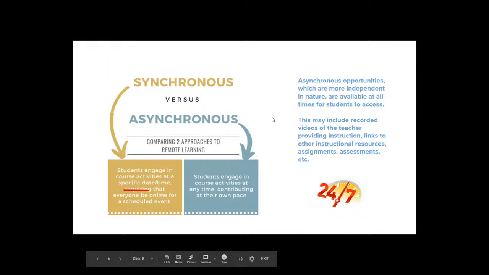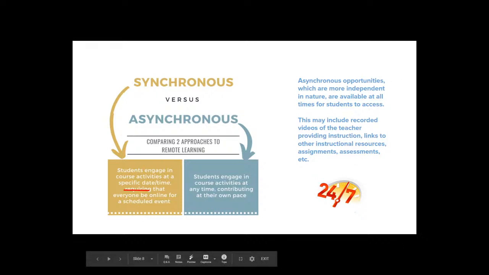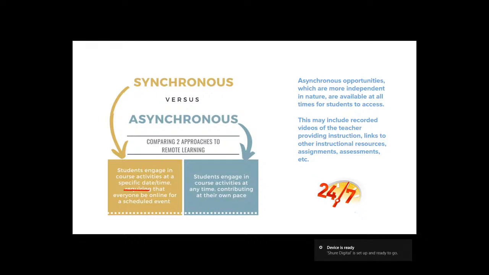When we think about asynchronous, that is based around family time. A student may not have internet access to interact during the synchronous situation, so they will have access to the internet later that they can do it asynchronously. This is where they can access that video or access the other materials that teachers have posted, such as instructional resources, assignments, and assessments.